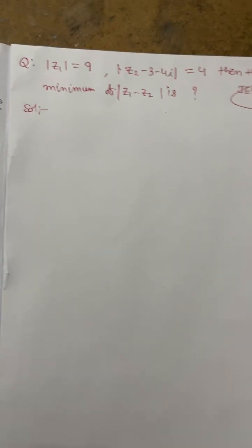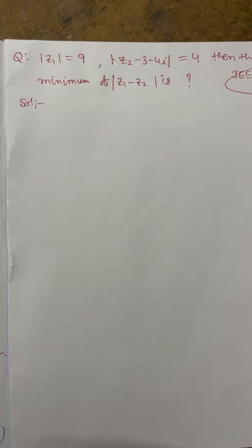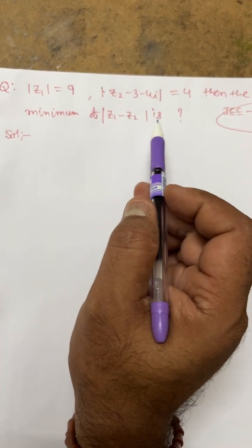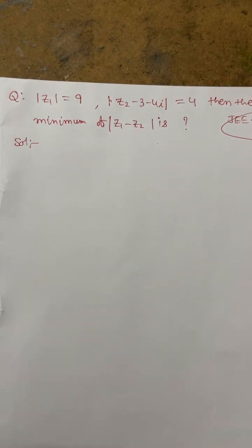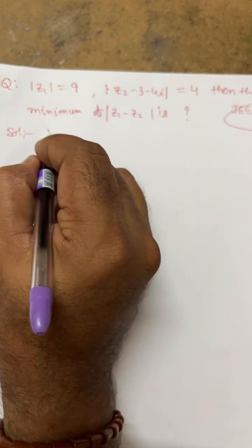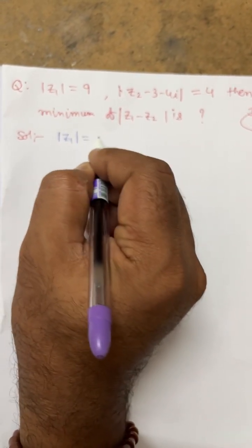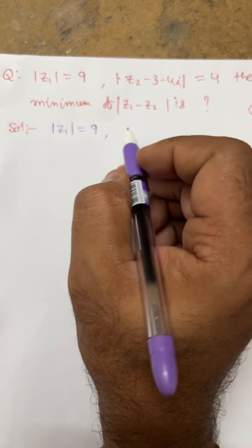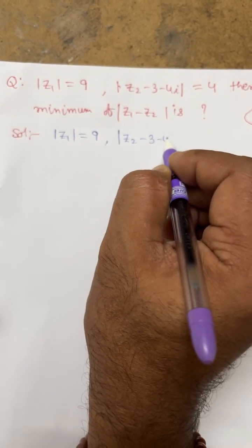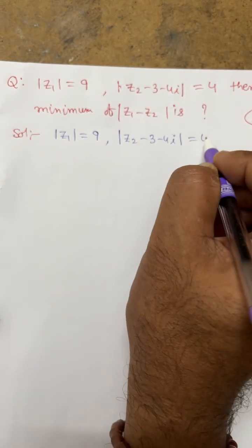Now come to the question: mod z2 minus z1, or z1 minus z2. Here given mod z1 is equal to 9 and mod z2 minus 3 minus 4i is equal to 4.